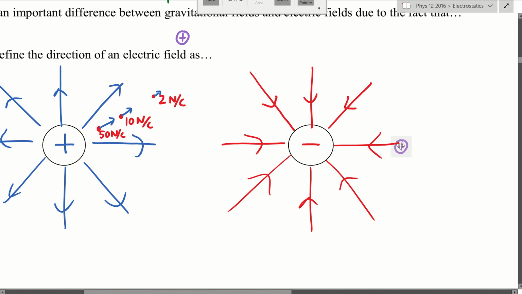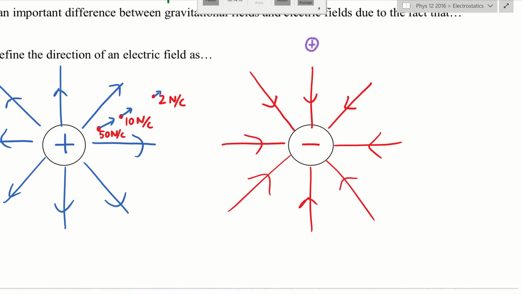It will follow the electric field, which goes to the left. So these lines, being a mathematical concept that people use to look at how charges can affect each other without touching, are also a prediction of the direction that a positive test charge will go if you bring it near the charge.